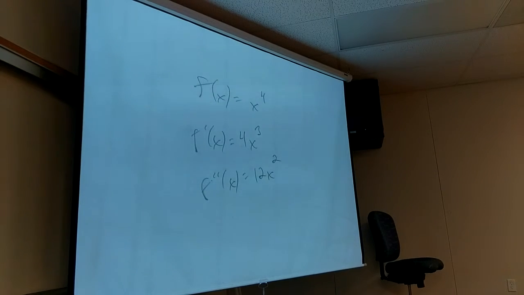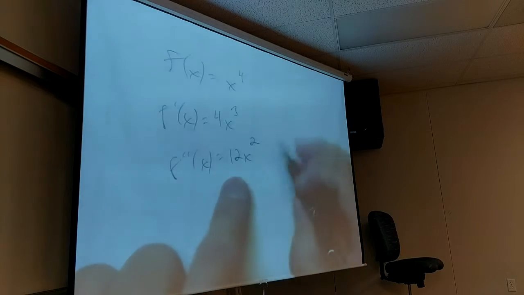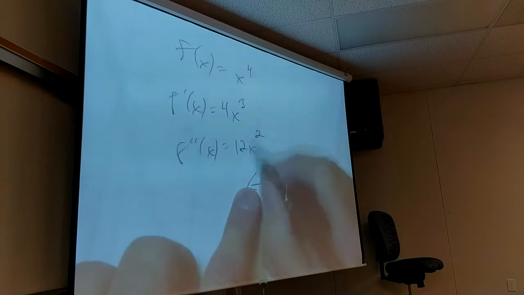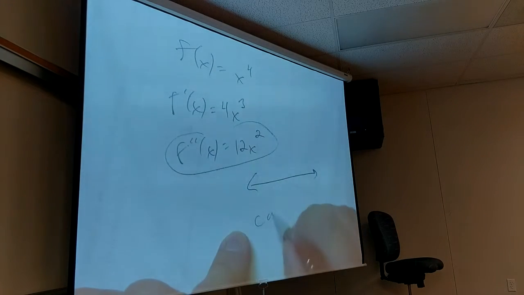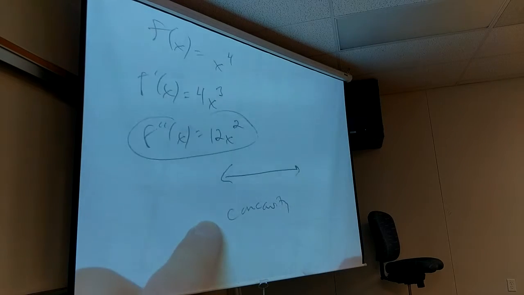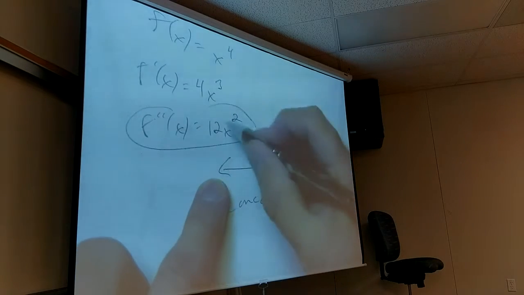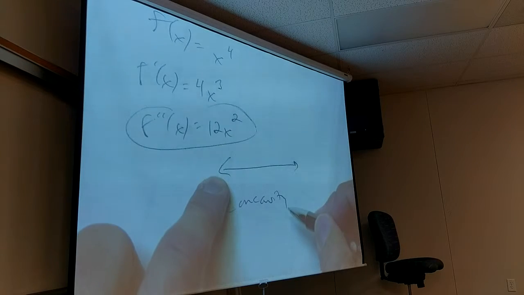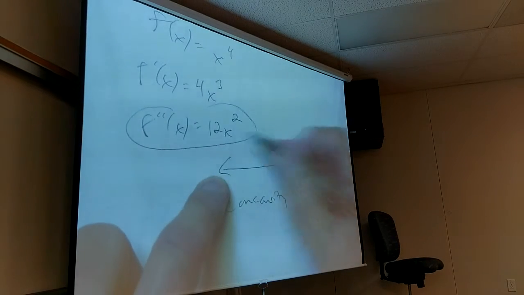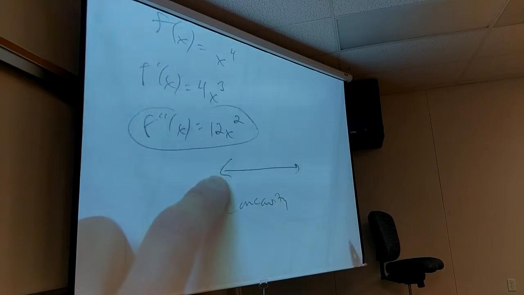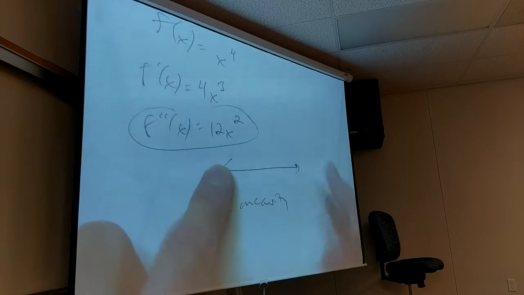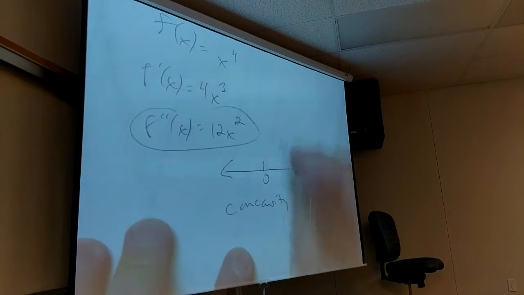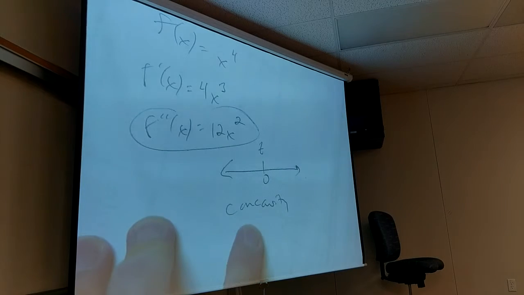I like it. Cool. So look at this guy for concavity. What would I put on my little sign diagram to investigate the concavity of this? Where's the 0 for this guy? When x is 0, it's 0, so I'm going to put a little z up there.